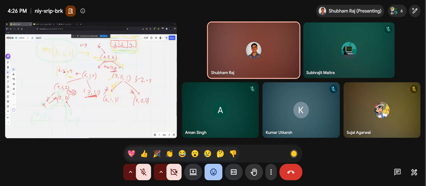Now after returning 0, here our total is 4 and here the total is 2. In this case, it is also returning 0. So now we will have 4 and 2. We'll be picking the minimum.